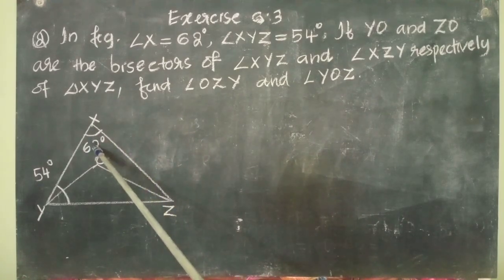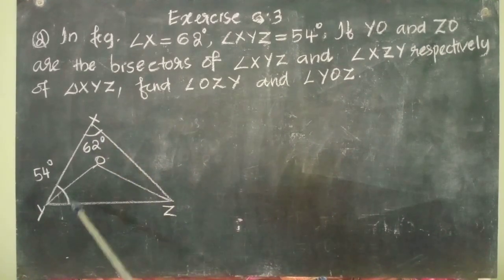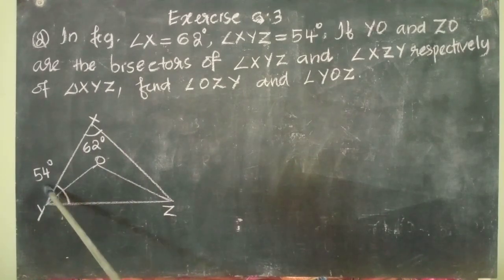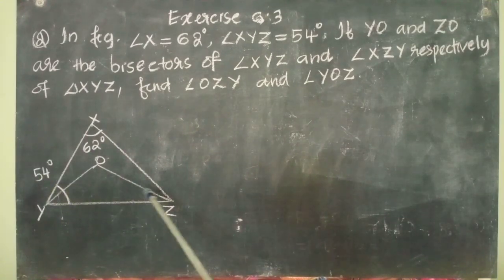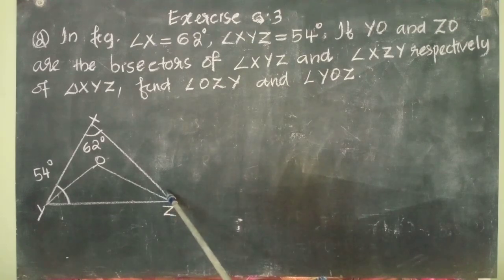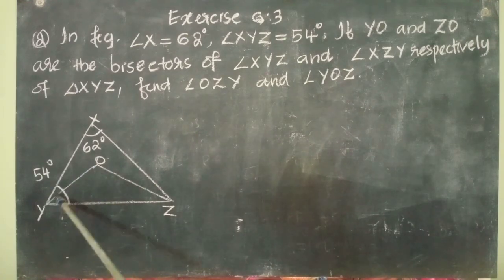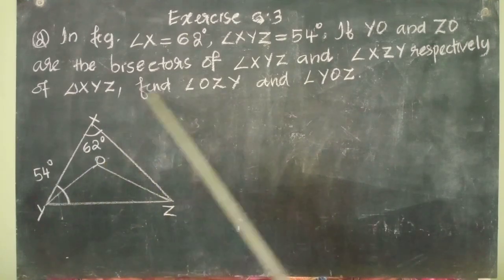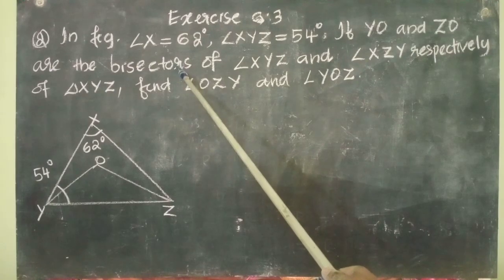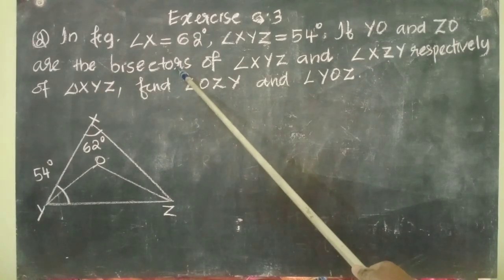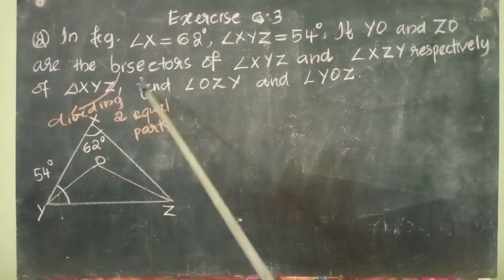Angle X equal to 62 degree. Angle Y equal to 54 degree. Angle Z is not given. And here, YO, you can see YO. YO is the bisector. What is meant by bisector?